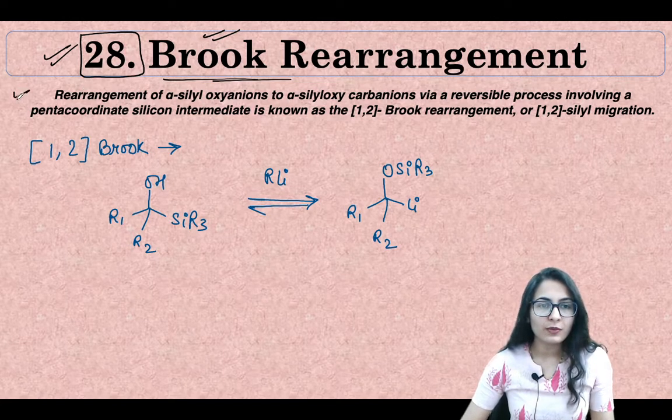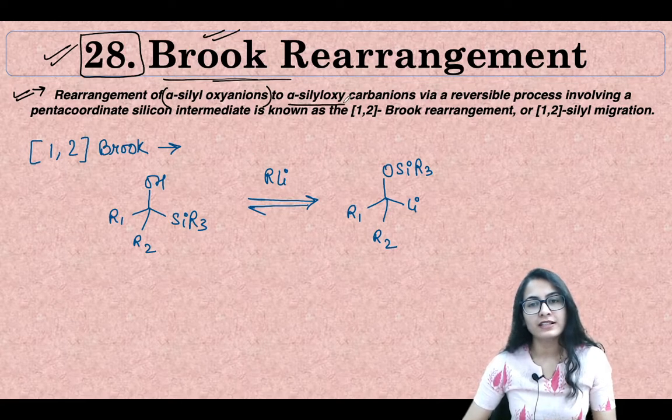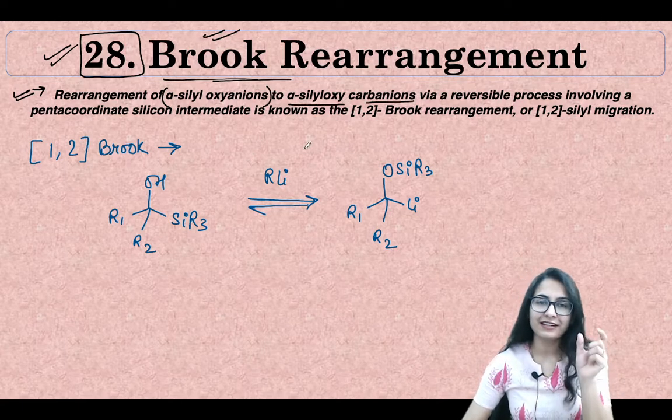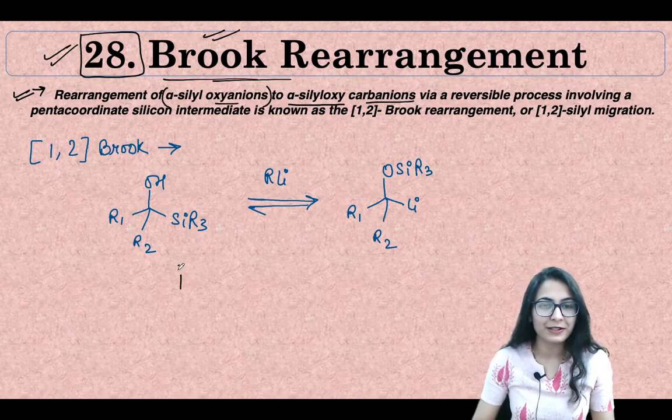Let's see. So what is the reaction? It is a rearrangement of alpha silyl oxyanion to alpha silyloxy carbanion. So that's a very small little difference. Let's say you are starting with alpha silyl oxyanion. The focus is on the oxyanion over here.